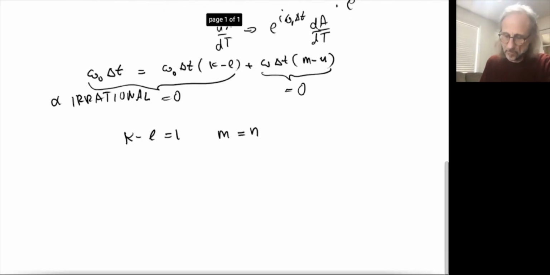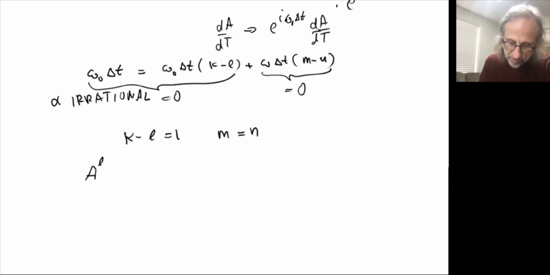Okay, so the most general term therefore looks like a term which is A to the K, where K is L plus 1, so I can write this as A to the L plus 1 times A star to the L power, times F to the M, but M is the same power as N, so F to the N, F star to the N. So this term looks like this.